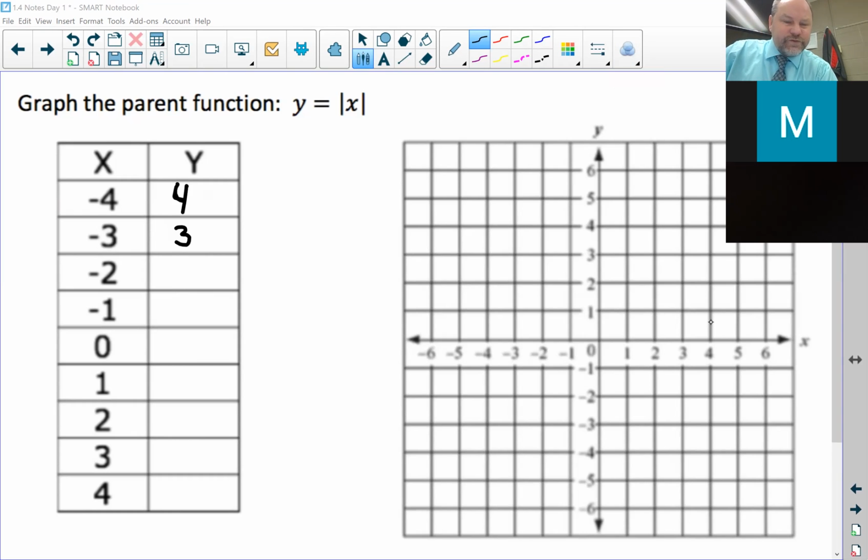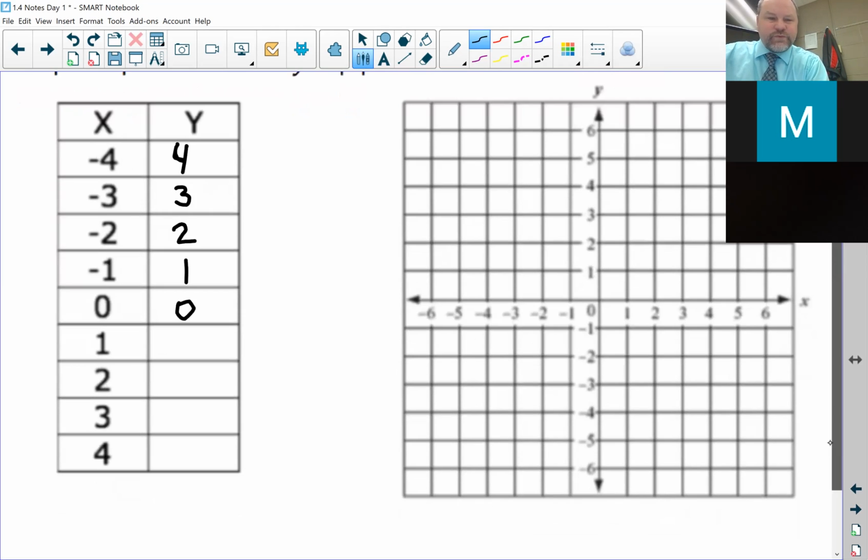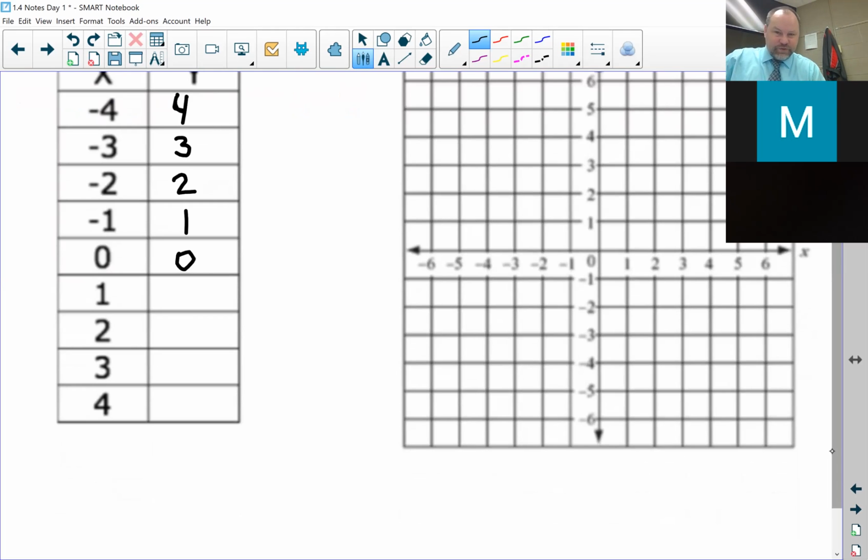Absolute value of -2 is +2, yep. And then we'd have 1, 0. And then what happens when we take the absolute value of positive numbers? What's the absolute value of +1? Yeah, exactly. Nothing changes if it's already positive.